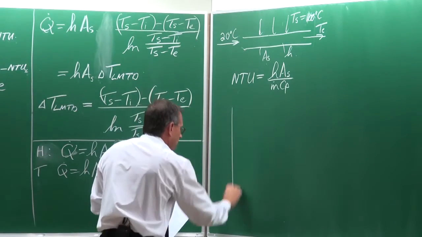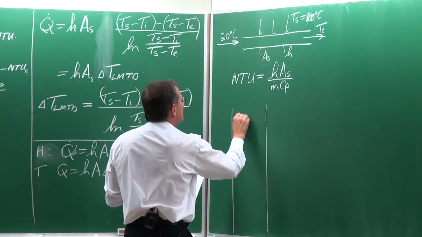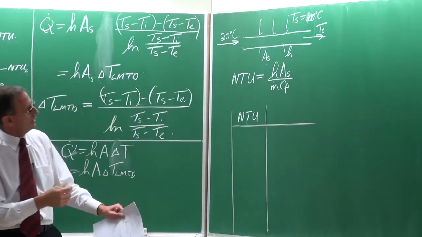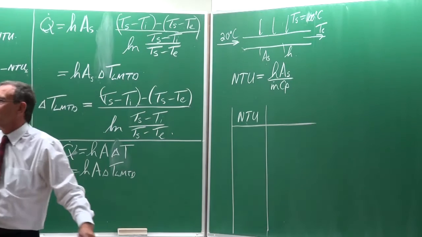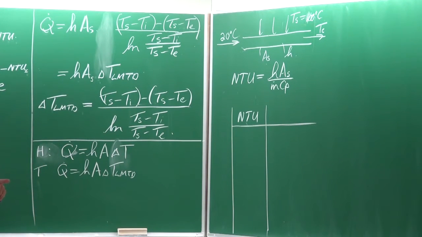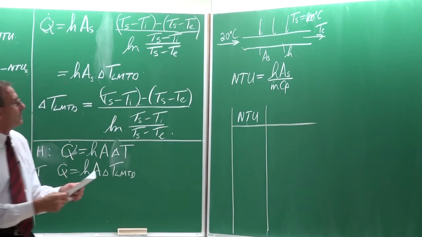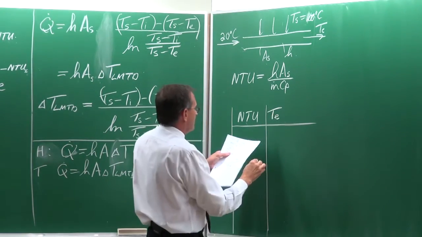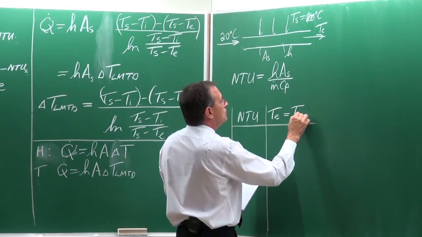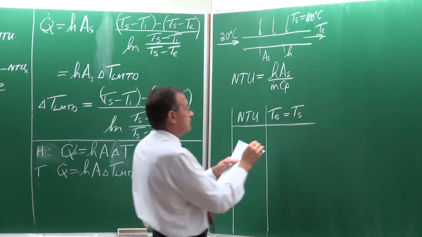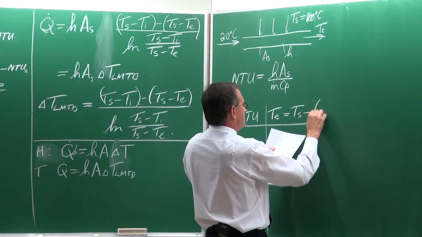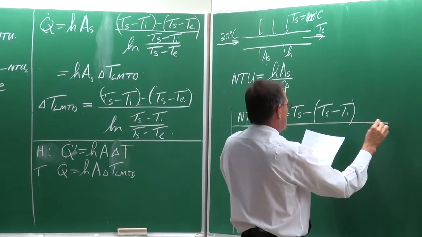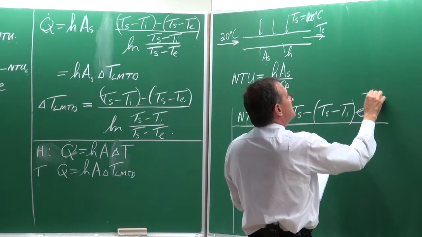And let's look at different possibilities of values for the NTU. Because if you can calculate something, we can get 0 or we can get 1,000,000 or whatever. You can get millions and millions of different NTU values. So if we now have the NTU, remember, we can say that the outlet temperature is equal to the surface temperature minus the surface temperature minus the inlet temperature multiplied by e to the minus NTU.